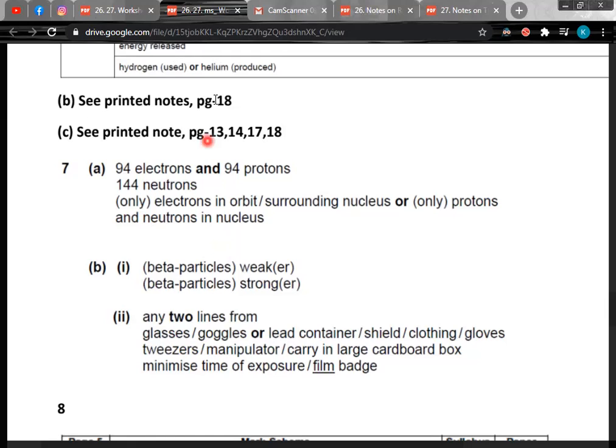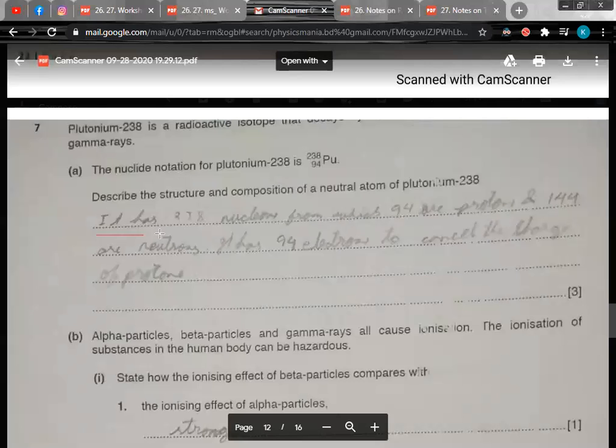Sir, like I said here, that it has 238 nucleons. From the idea of nucleons, we can say that this is what makes the nucleus, part of the nucleus. I wrote from which the protons and neutrons are staying in the nucleus. Your idea is correct, but they want it more specific.